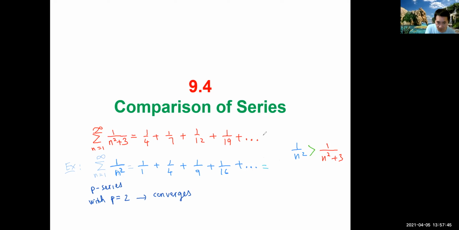The sum has to be less than the sum here, and therefore the red series must converge. That is really what we call the comparison test.